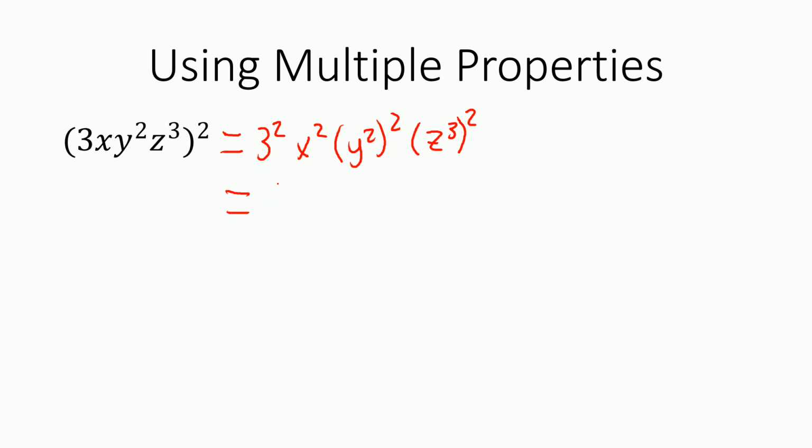3 squared, I'm going to go ahead and rewrite that as a number, that's 9. X squared is just x squared. Y squared squared, I multiply those two because that's a power of a power property. And then z cubed squared is another power of a power property, so that's going to be z to the 6th, because I multiply 3 times 2.